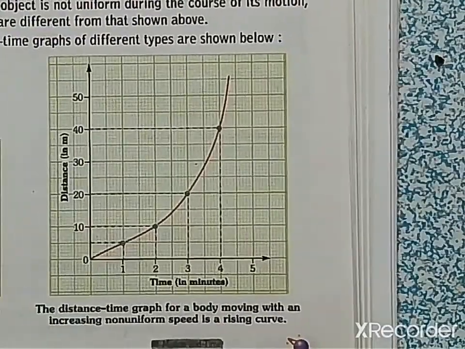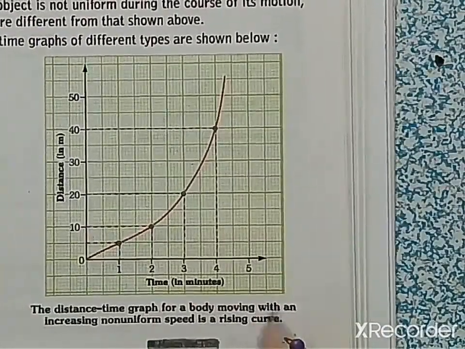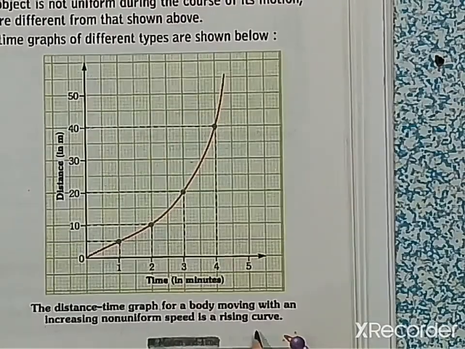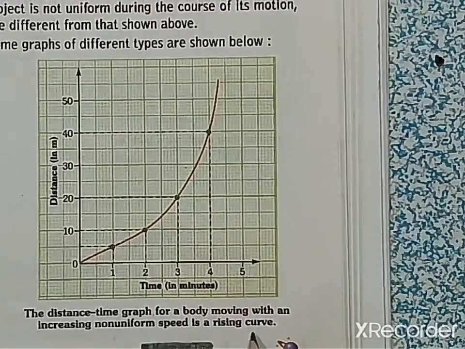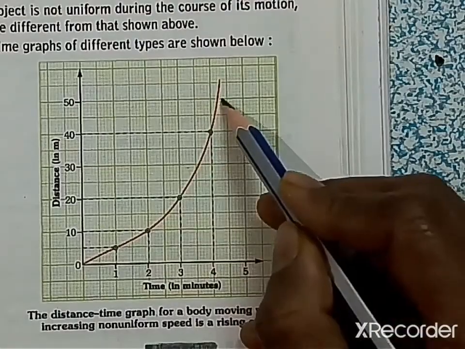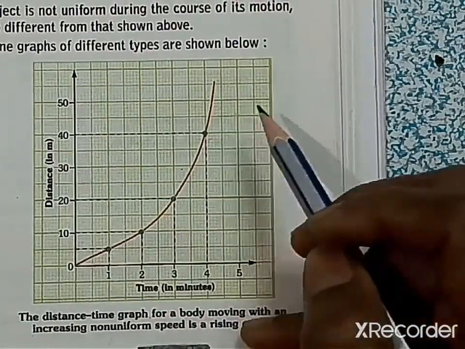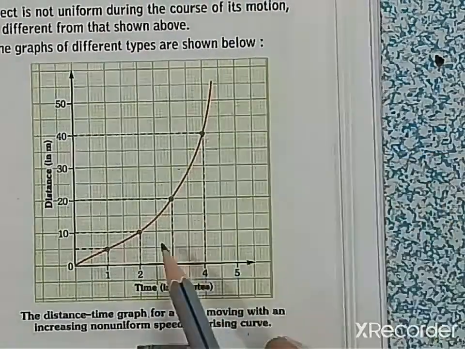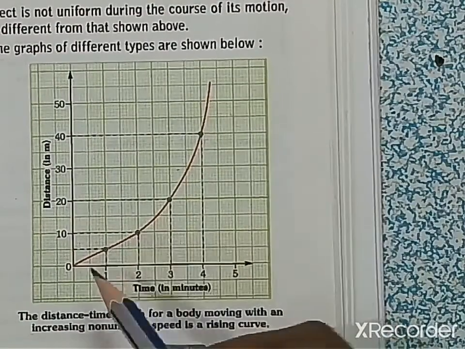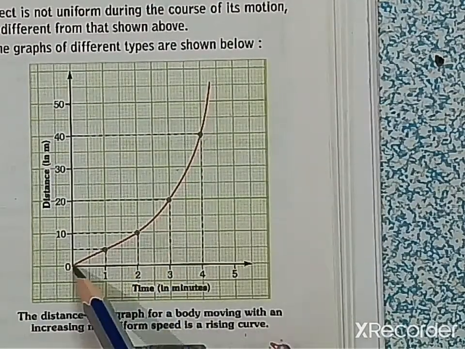Okay, the next is, here you can see the distance time graph of a body moving with an increasing non-uniform speed is a rising curve. Now this curve is rising, that means it is not a straight line, that means it is not a uniform motion, it is non-uniform motion. Okay, but here you can see the distance is increasing.